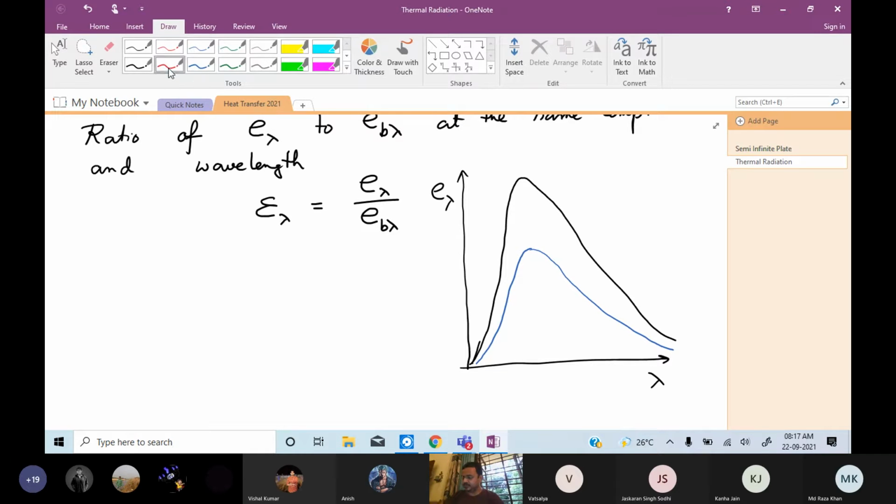If I take a certain lambda value here, both of them are at the same temperature, T star. That is very important.